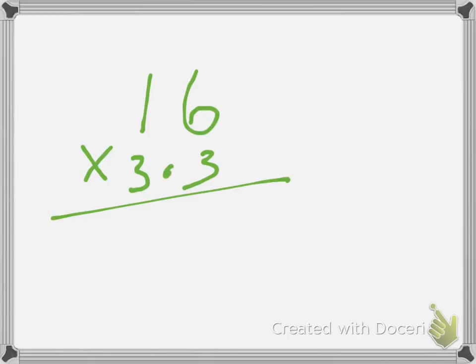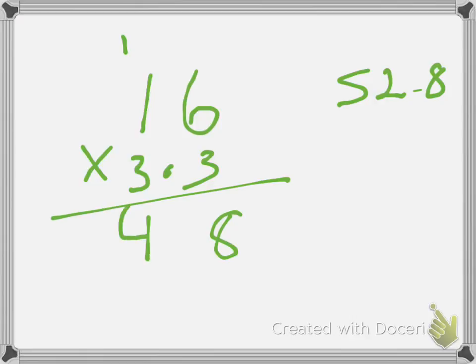Now, I can check my work by doing the standard algorithm. I'm going to do 16 times 3 and 3/10, and let's see if I get the same answer as 52 and 8/10. So 6 times 3 is 18. It's already looking good, boys and girls. 1 times 3 is 3 plus 1 more is 4. Add a 0 for place value.